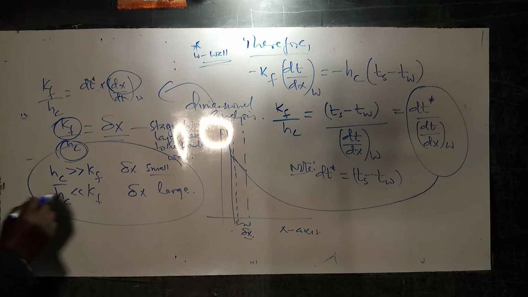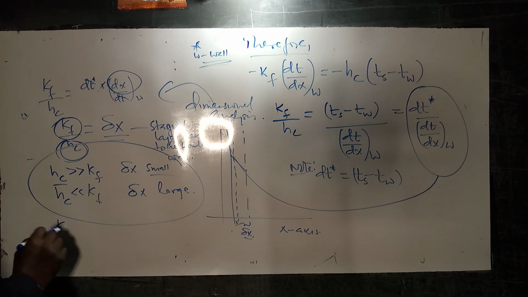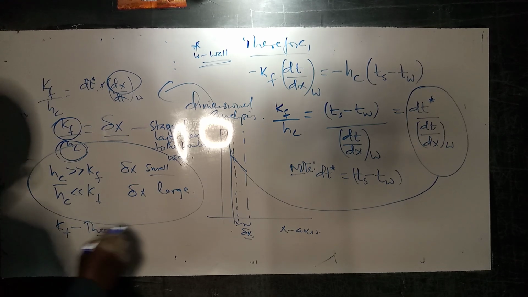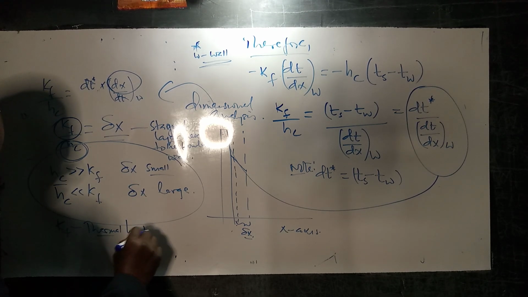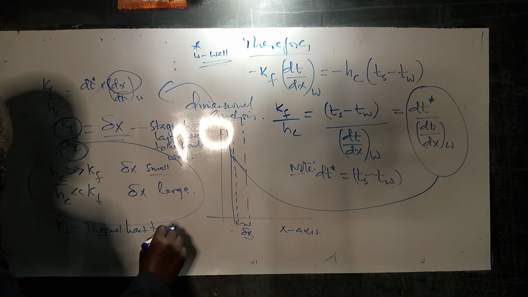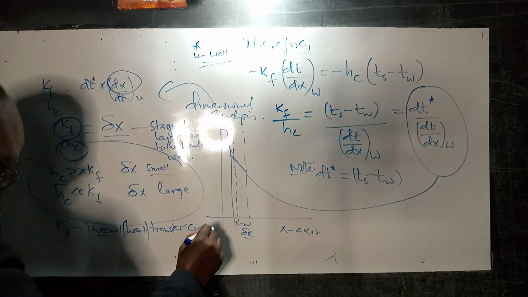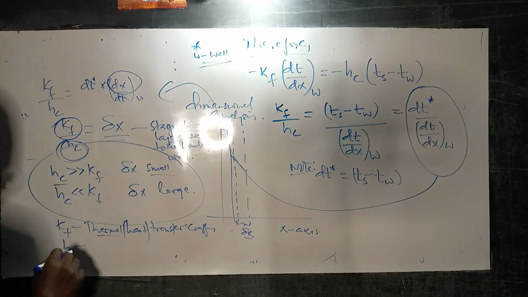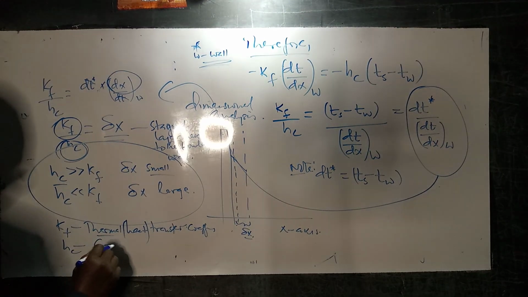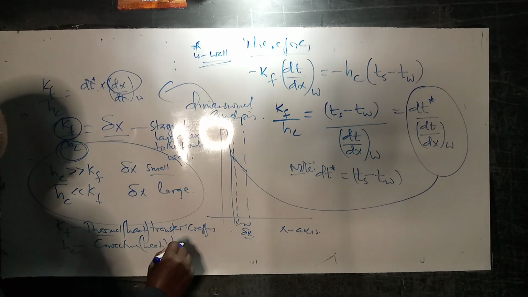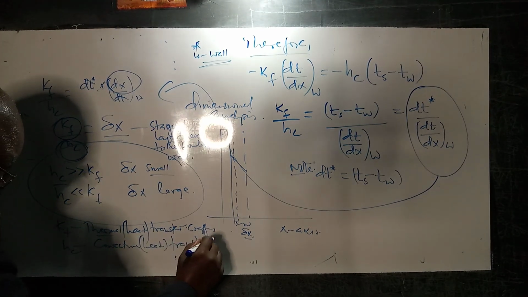So remember, Kf is a thermal heat transfer coefficient, and the other one, Hc, is a convective transfer coefficient.